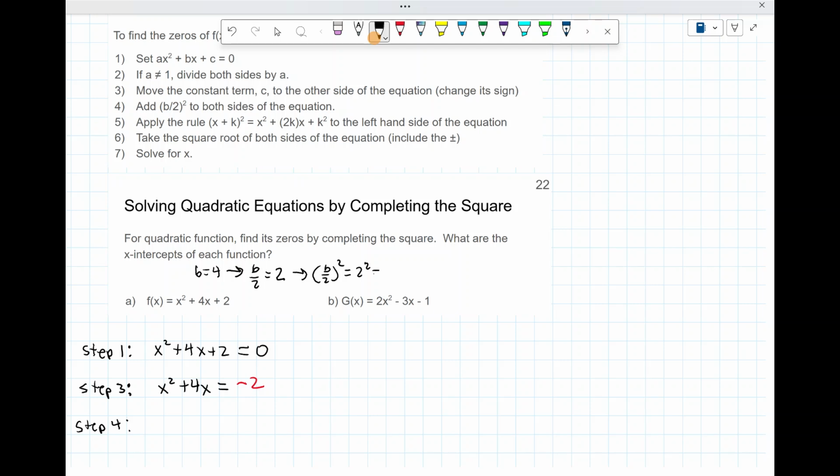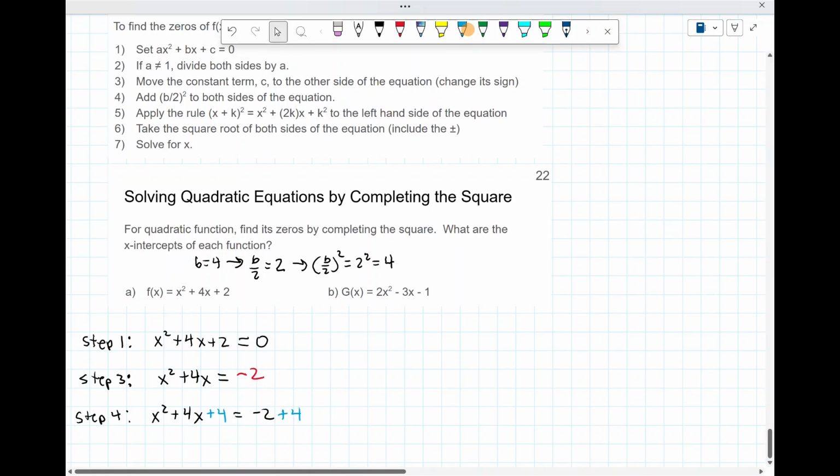So 2 squared is equal to 4. So I'm going to add 4 to both sides of the equation. So whatever your x term is, divide it by 2 and then square it, and you're going to add that to both sides of your equal sign.